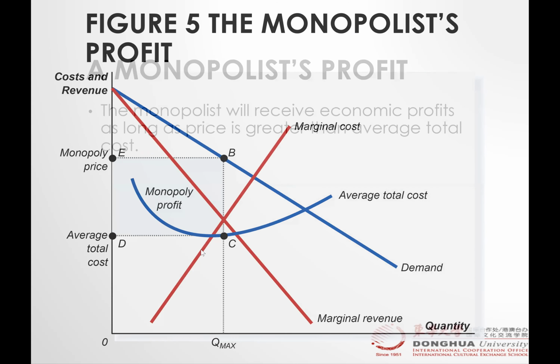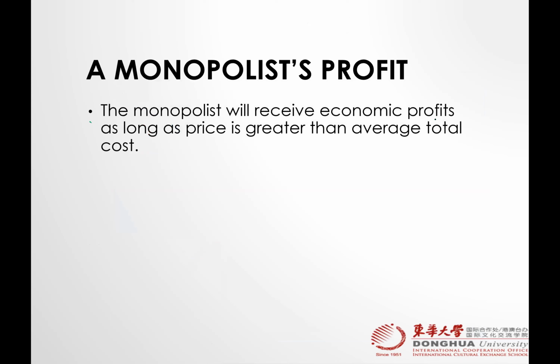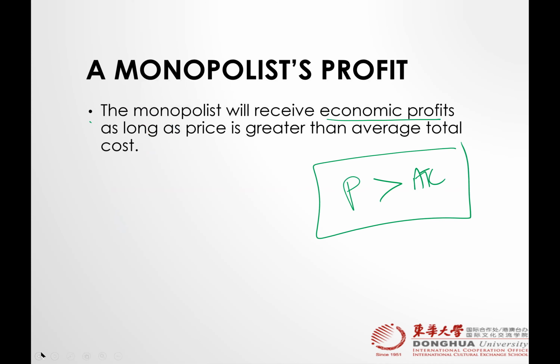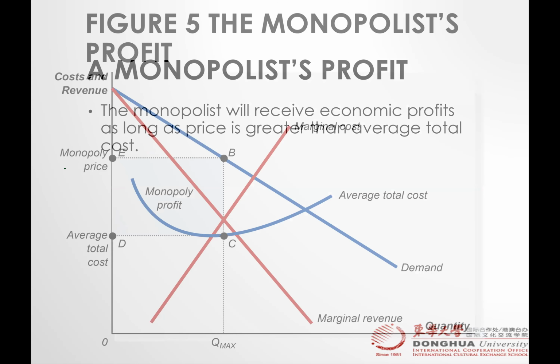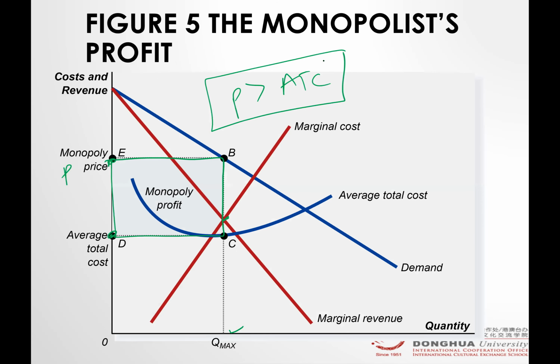So a monopolist will receive economic profit as long as price is greater than average total cost. If we compare the profit of perfect competition with the monopolist, let me go back and make you understand. This is the price, and this is the average total cost, and price is greater than average total cost. This condition is an entry condition, right?